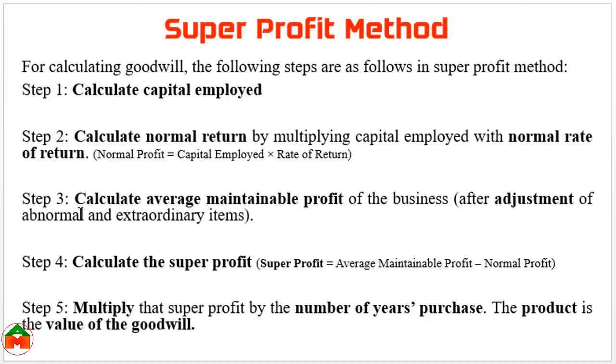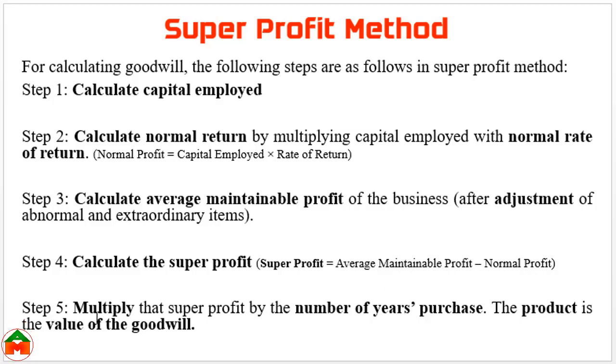After that, we should calculate the average maintainable profit. Here average maintainable profit means we need to adjust the profit by adding or deducting the abnormal or extraordinary items. After that, we need to calculate the super profit. Super profit means deduct the normal profit from the average maintainable profit.